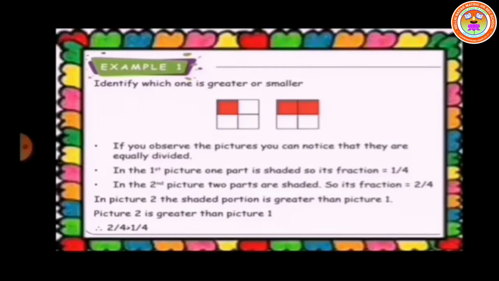In the second picture, two parts are shaded, so its fraction is equal to 2 divided by 4. In picture 2, the shaded portion is greater than picture 1. Picture 2 is greater than picture 1. Therefore, 2 divided by 4 is greater than 1 divided by 4.